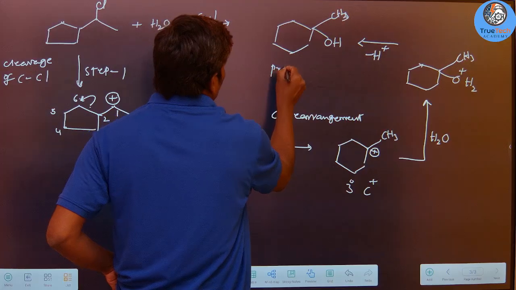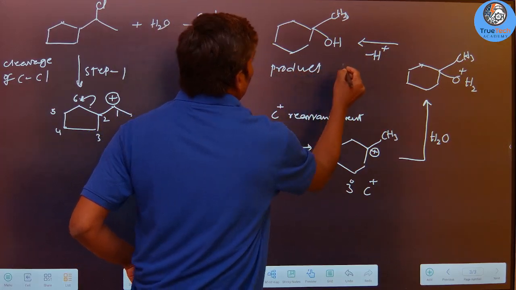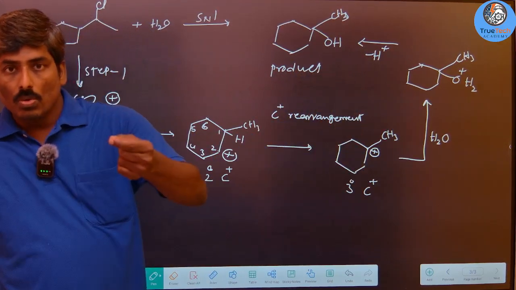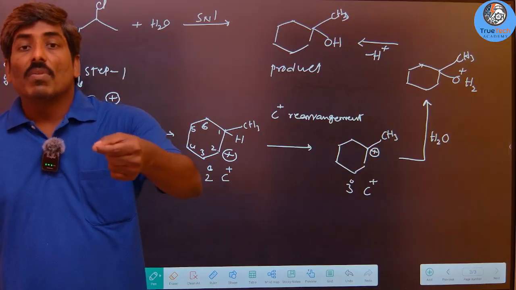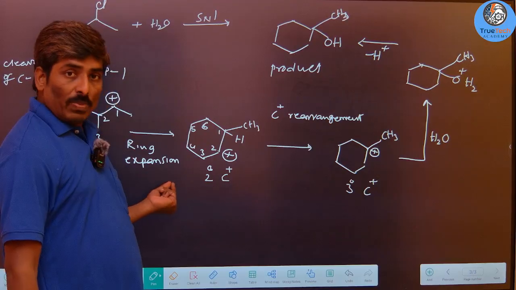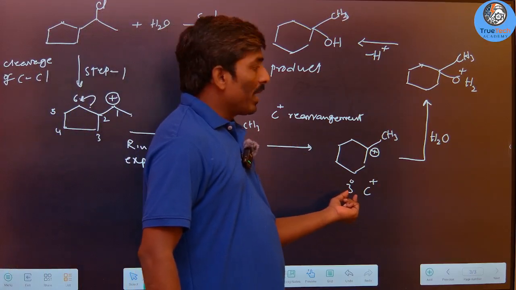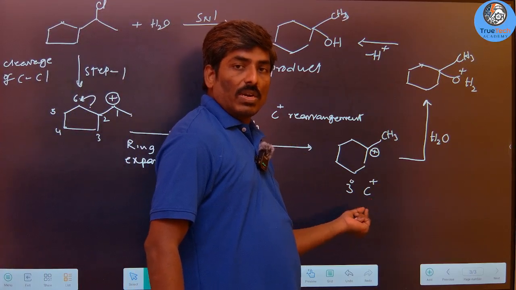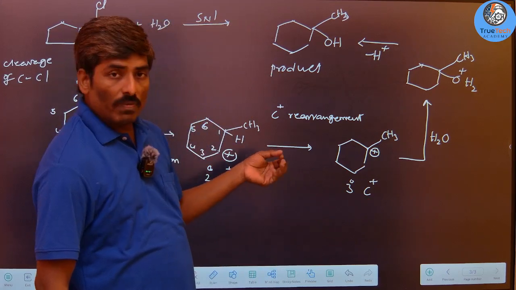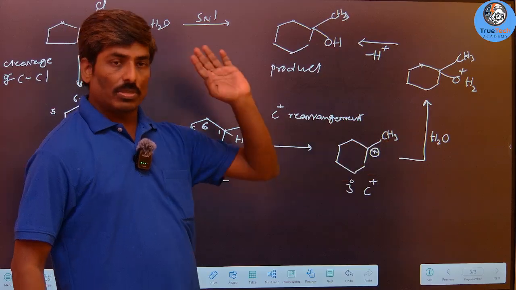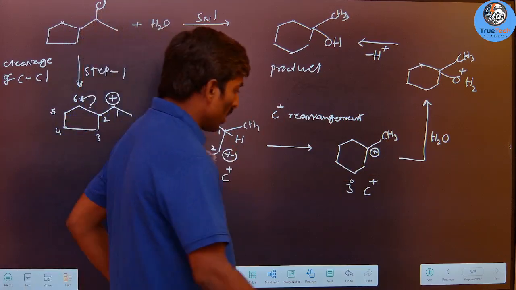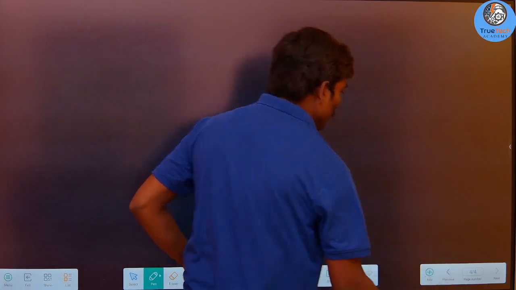This is our product. This is how a few examples of SN1 reaction involve ring expansion and then carbocation rearrangement. This is one of the most important examples of SN1 reaction which involves many steps. Okay. Next we will go to one more example.